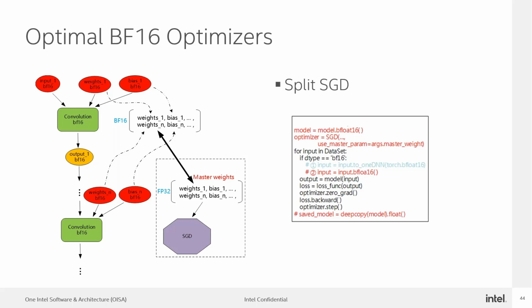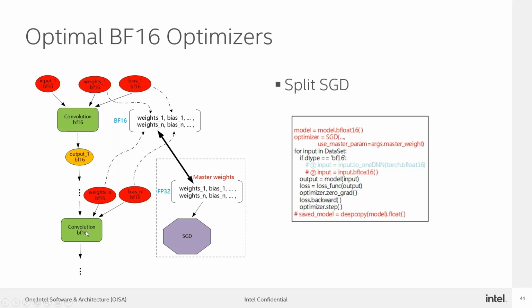So to overcome this low precision issue brought by bfloat16, we still keep the float32 weights in memory. Let's say if you run training with bfloat16, the input is bfloat16, the weight is bfloat16, the bias is bfloat16. If you do the forward pass, then this is okay.